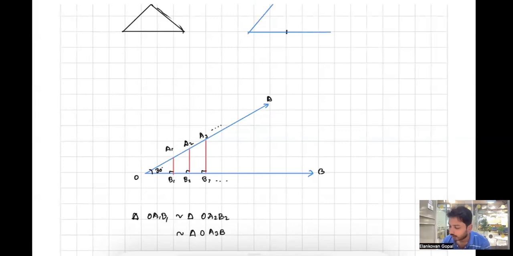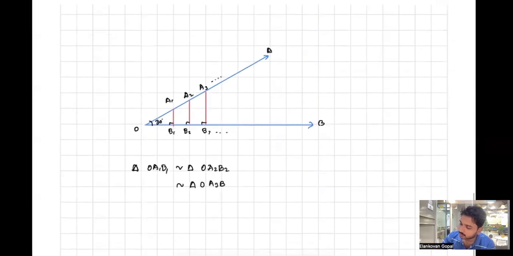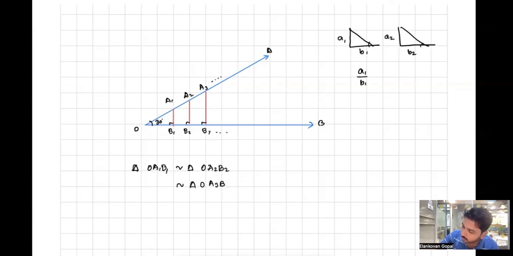Correct. And one interesting thing that we observe, even in our last observation, is that if you take this side A1B1 for two triangles with 30°, A2B2, then A1B1 by OB1 is the same.